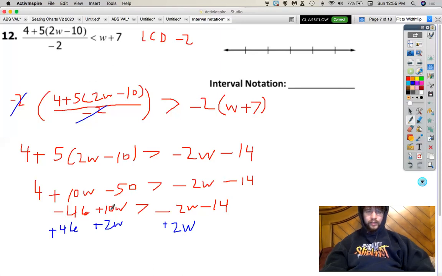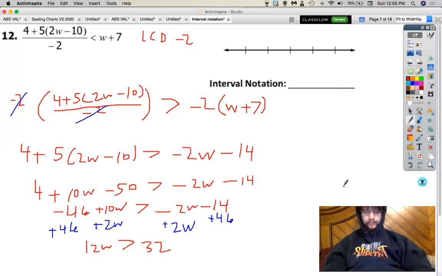That way my variable will be on the left, my non-variable on the right. Okay. -46 plus 46 is nothing. 10w plus 2w is 12w. It's greater than, that's gone. That's going to be what, 32?